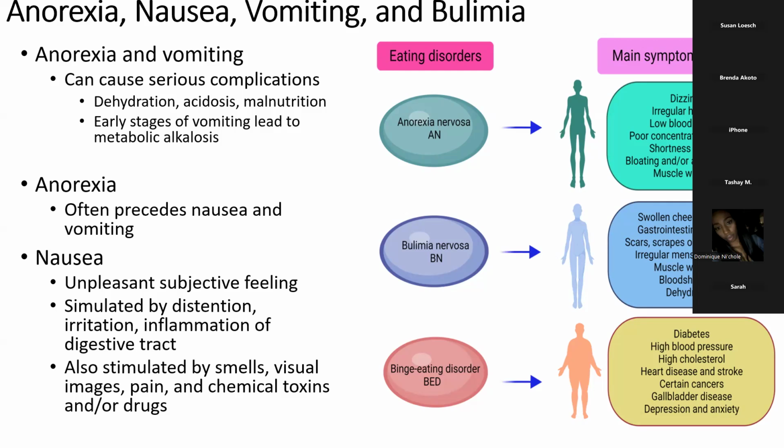So when the tissues don't have oxygen, they have to switch over to anaerobic metabolism in order for metabolism to continue in the body. And when that happens, the body is going to produce lactic acid, and that is going to cause an acidotic state as well.